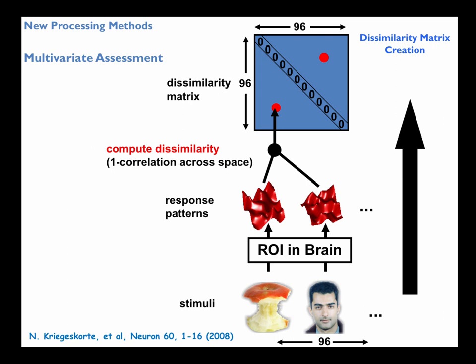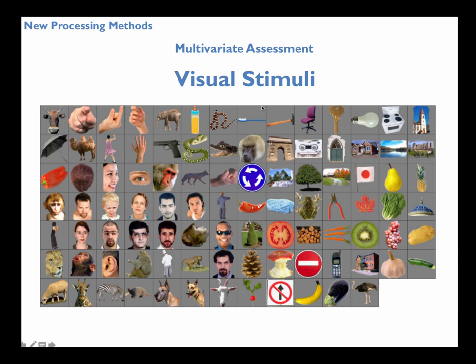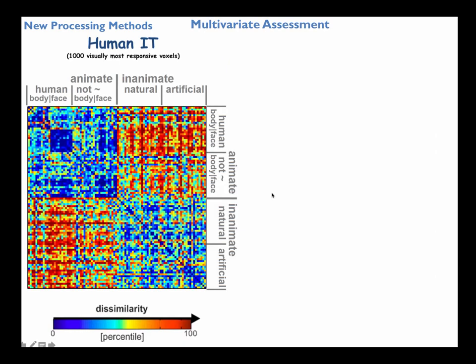Nico Kriegeskorte, who was a postdoc in my group, did an experiment where he created a large matrix of different stimuli and simply looked at how the patterns matched. He took it to its extreme and used all these stimuli, everything from faces to animate objects and whatnot, and put it in a matrix correlation. He found that they clustered. There are similar patterns for human versus not human, animate versus inanimate, and so on, in human visual area IT.